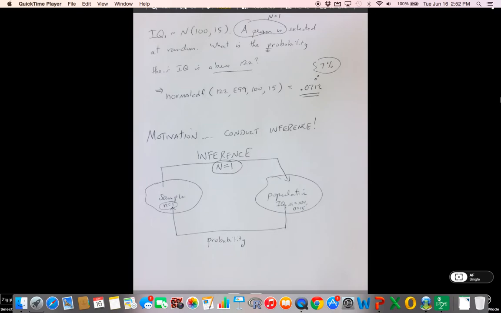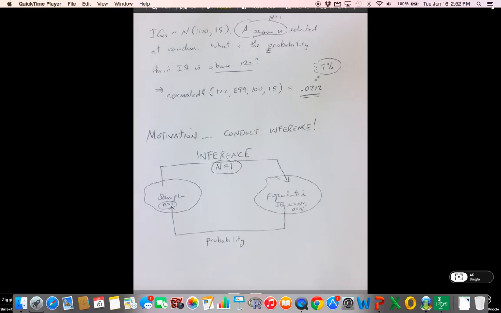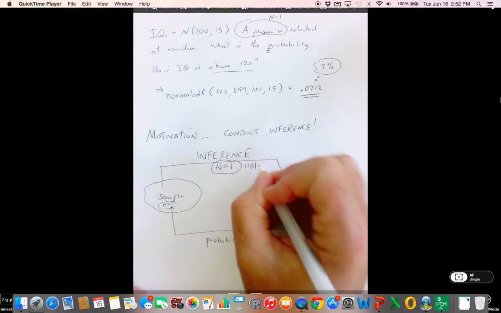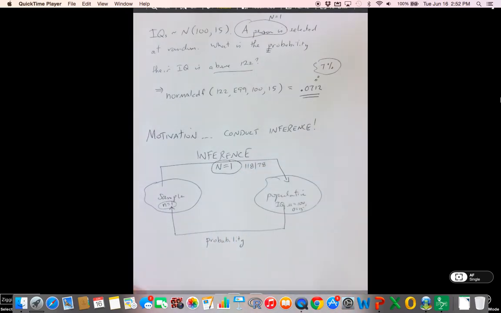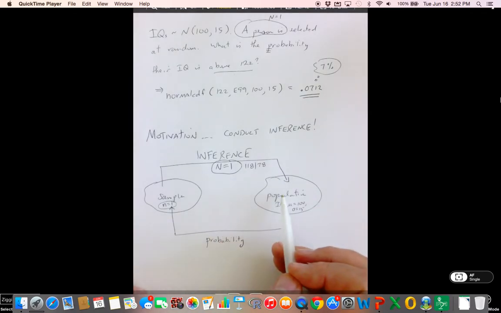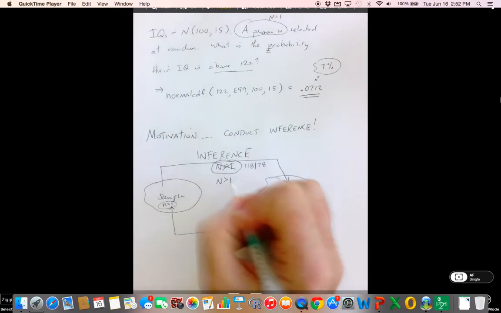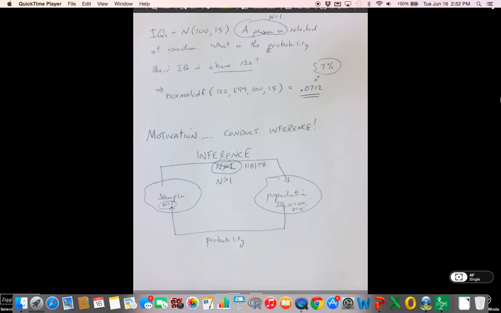That'd be pretty silly, wouldn't it? You might think, what is the average systolic blood pressure? And you go out and you get one person, and they just happen to have an excellent blood pressure of 118/78. Well, that doesn't mean everybody's got a blood pressure of 118/78. That's just one person. So ultimately, when we want to conduct inference, we would want to have a study based on more than one person.